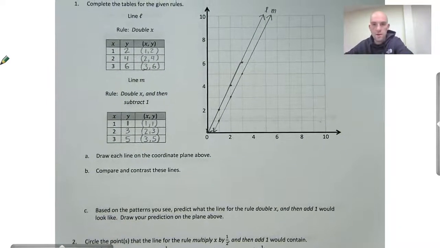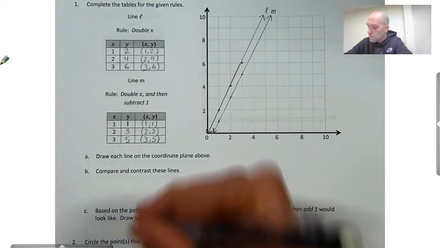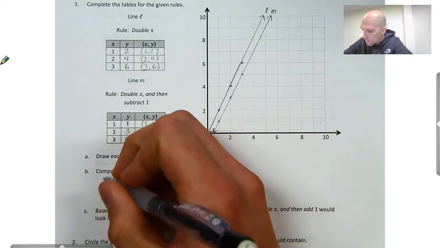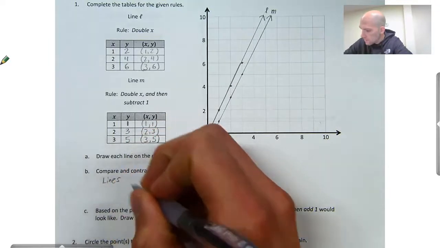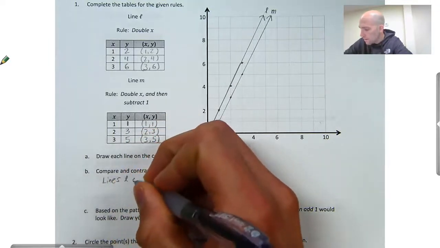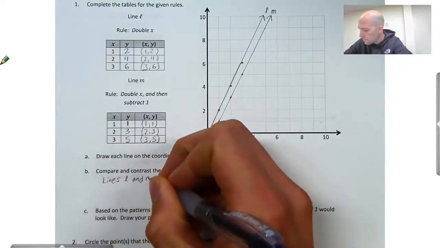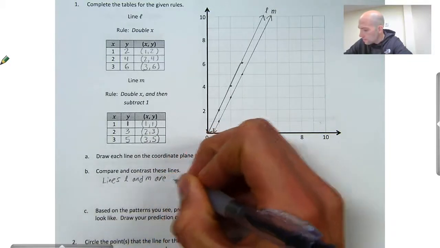All right. So it's asking us to compare and contrast these lines. Well, the lines are parallel. So we'll say lines L and M are parallel.